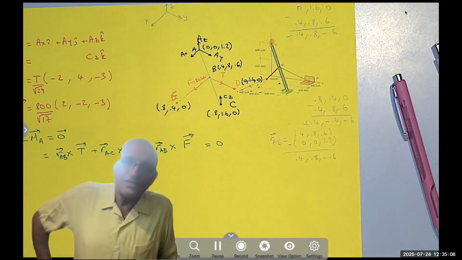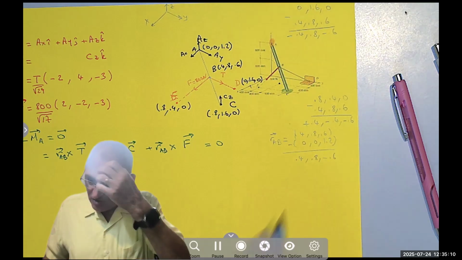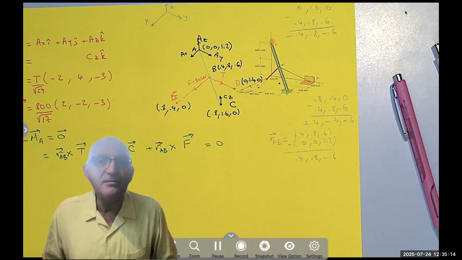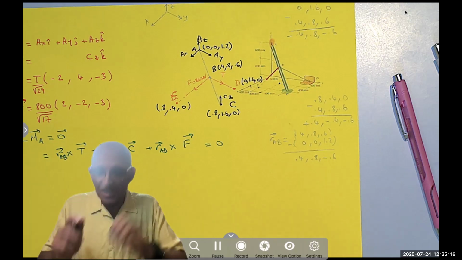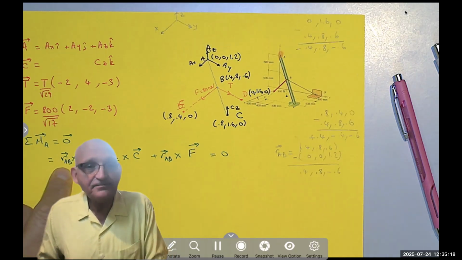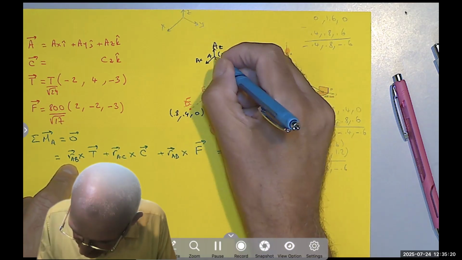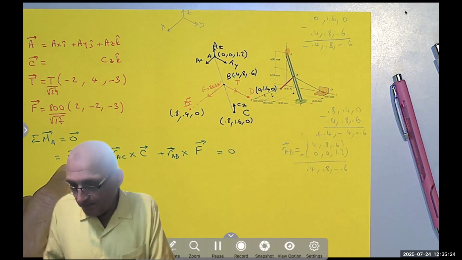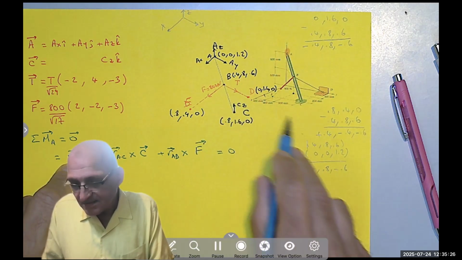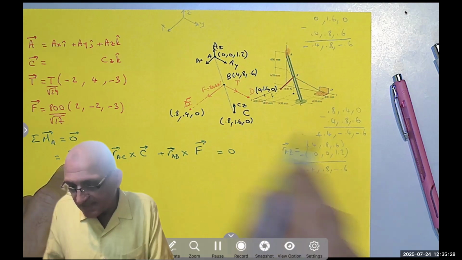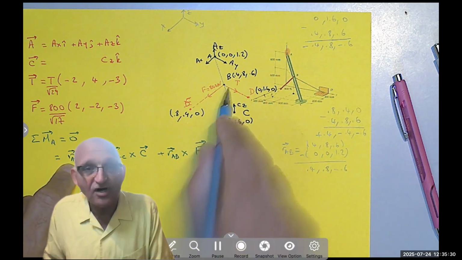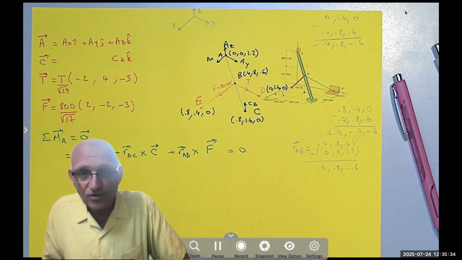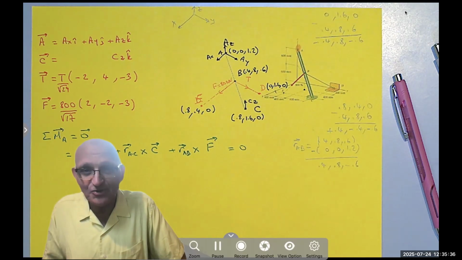Here you have to be careful. I cannot say I'm going to multiply it by 5 and make them 2. Why? Because this is a position vector. I have to start here and end there. But the other one, I created a vector and I just wanted a unit vector of it. That's why I divided by the magnitude. Be careful. We are not going to divide by the magnitude.